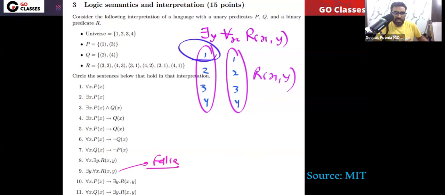If I assume y equals 1, where is the problem? The problem is R(1,1) is not true. The rest, R(2,1), R(3,1), R(4,1), are true, but R(1,1) is not.